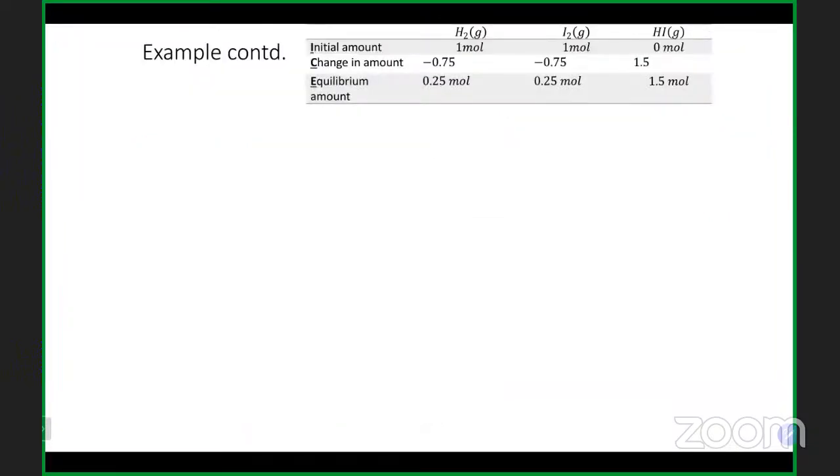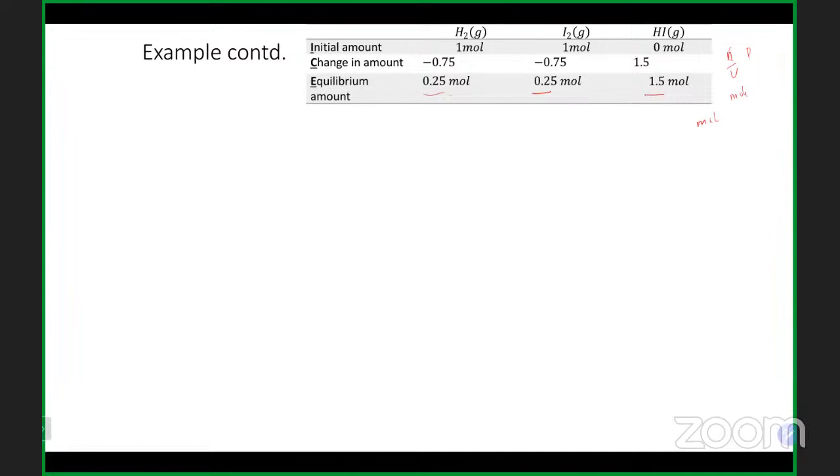So equilibrium amounts: 0.25, 0.25, 1.5. Now, mole is not concentration. Concentration is reported in number of moles per volume, partial pressure, and mole fraction. Yes, it's also reported in mole fraction.